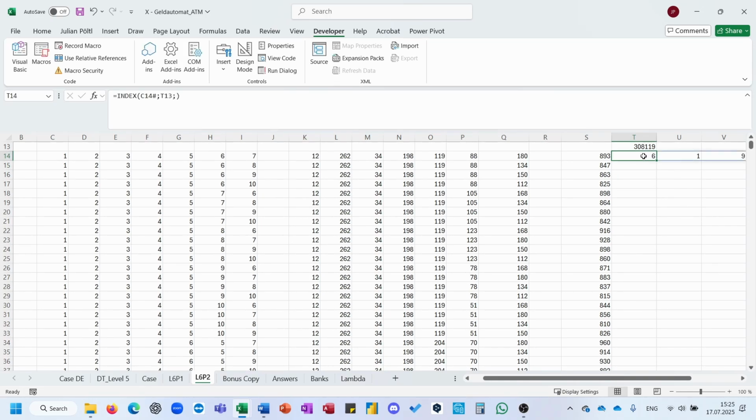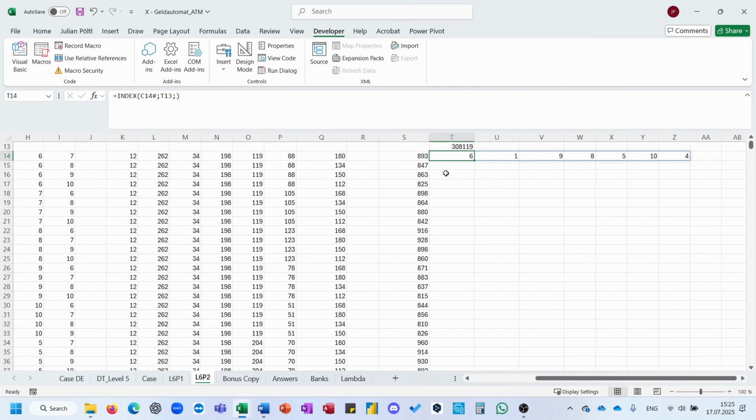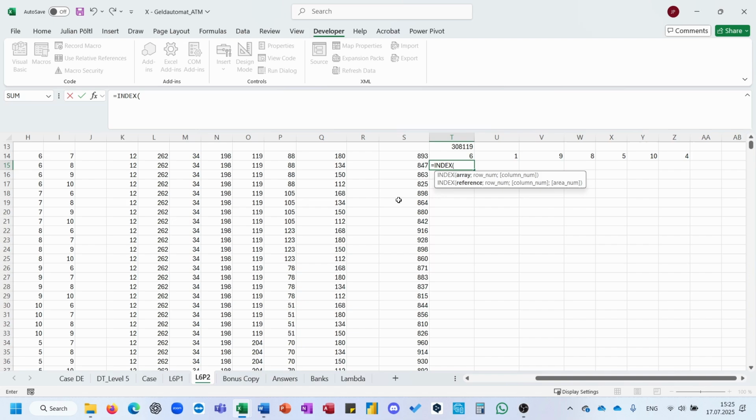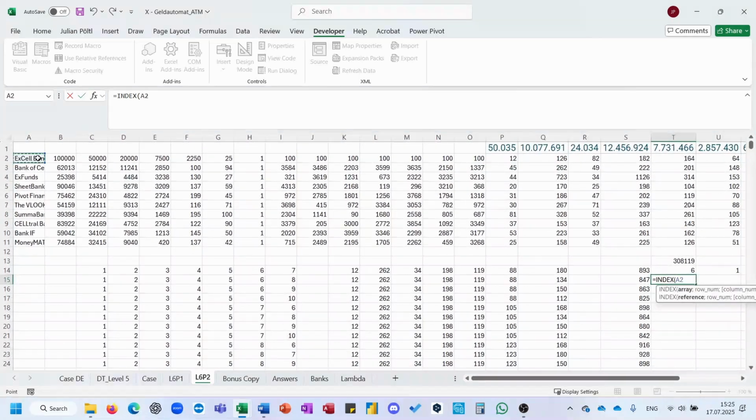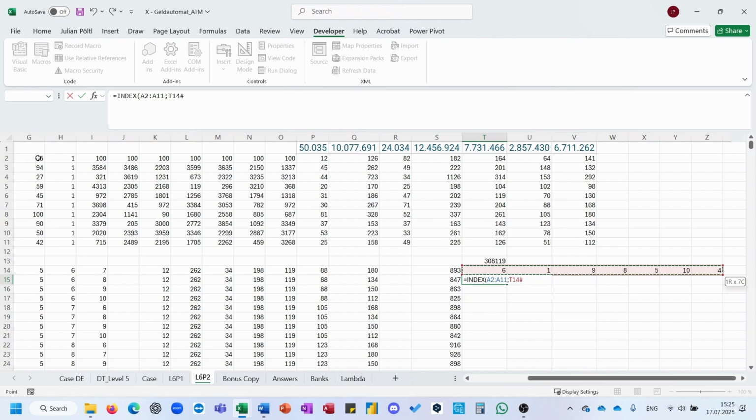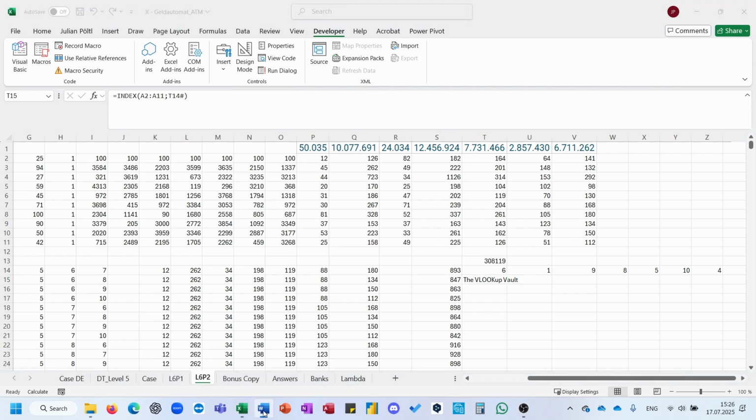No, she's still there. So then index of those banks here. Now we get to the bank name. Hello.